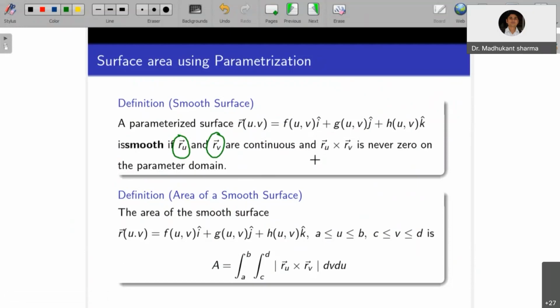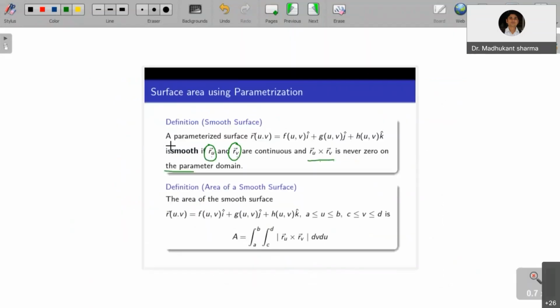So if r_u cross r_v is never zero on the parameter domain, and the partial derivatives of r with respect to u and with respect to v are continuous, then we will say that the surface is smooth. In other words, the tangent plane is varying continuously, and so is the unit normal.